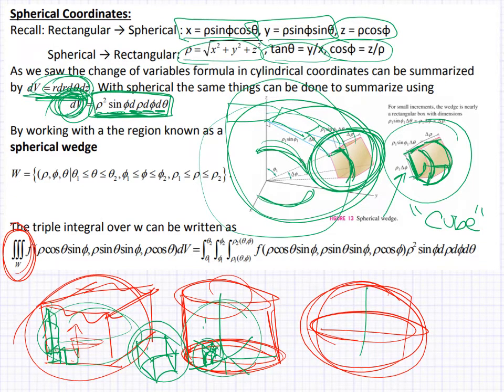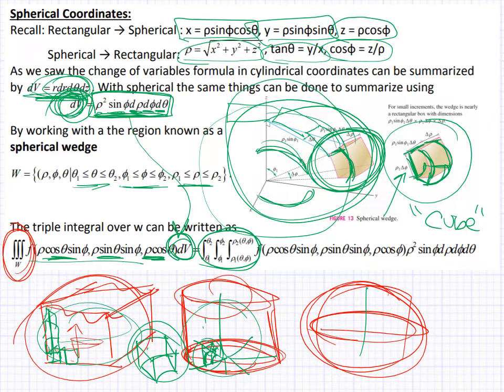So when it comes to taking our original integral and converting it over, we can convert the x's, y's, and z's using our formulas in our function. We can convert the differential over by using this formula, and then we convert the limits of integration, to say what rho is between, what phi is between, what theta is between, by looking at the different measurements.